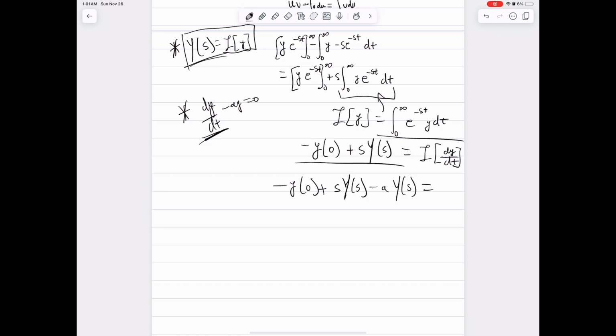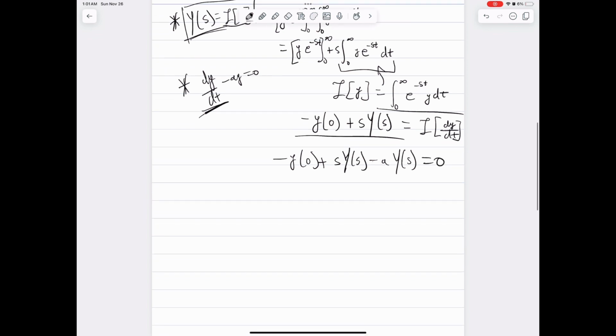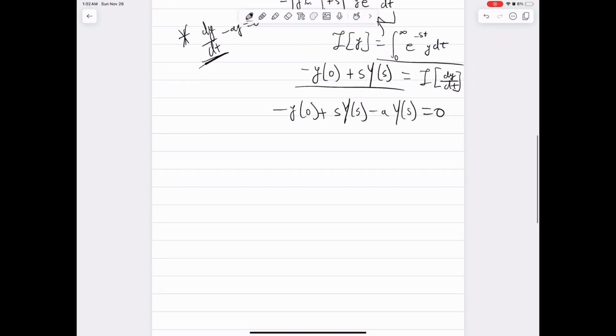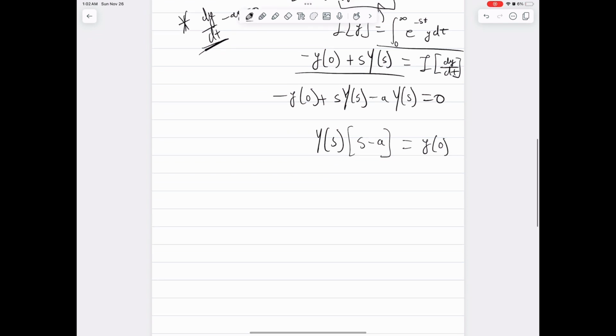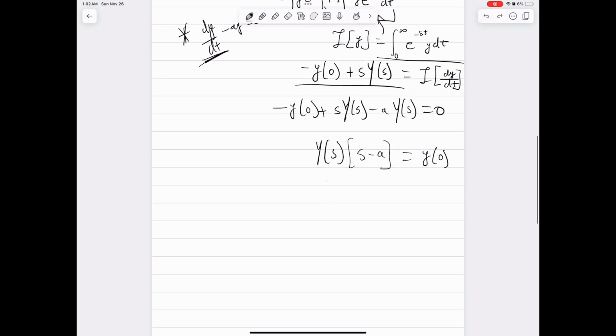And now let's actually solve for capital Y of s, which is the transform. And that can be easily done by some algebraic manipulation here. So let's see here. Capital Y of s is just equal to y naught over s minus a.